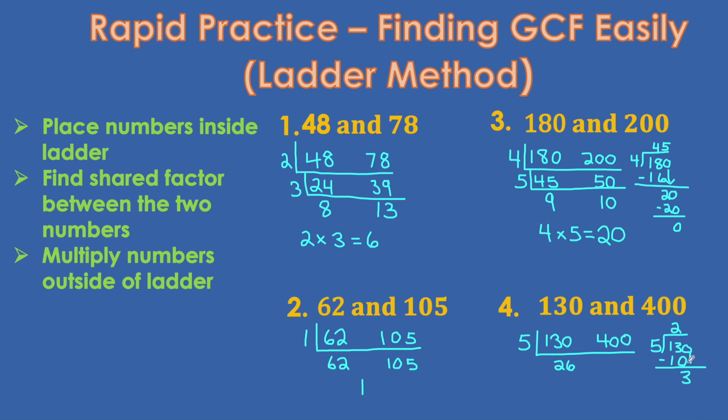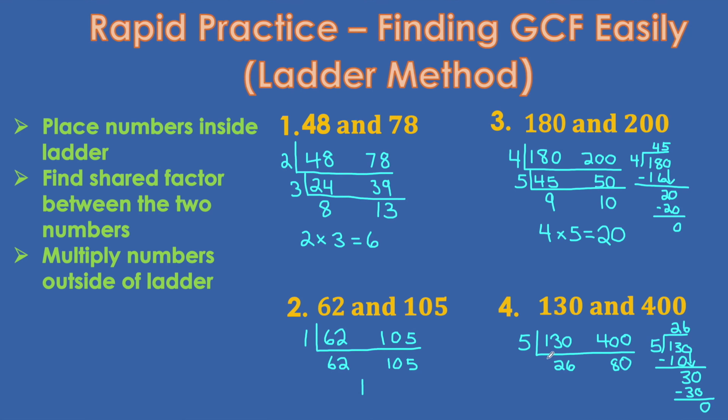Bring down the 0. 30 divided by 5 is 6. 6 times 5 is 30. That's where that 26 came from. 5 goes into 400 80 times.